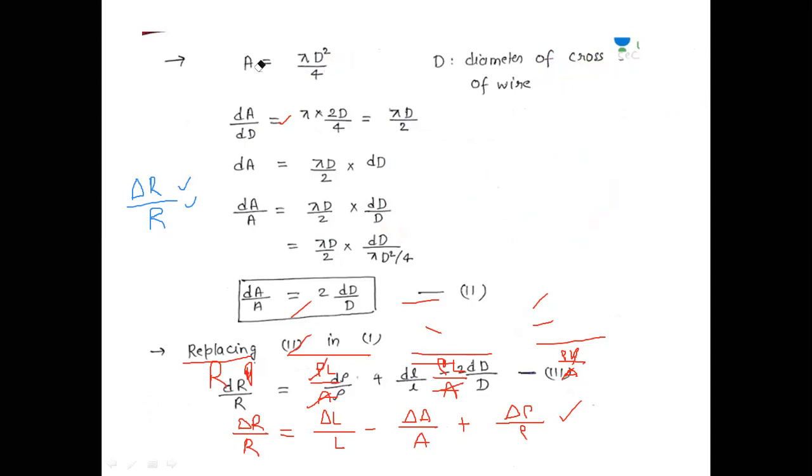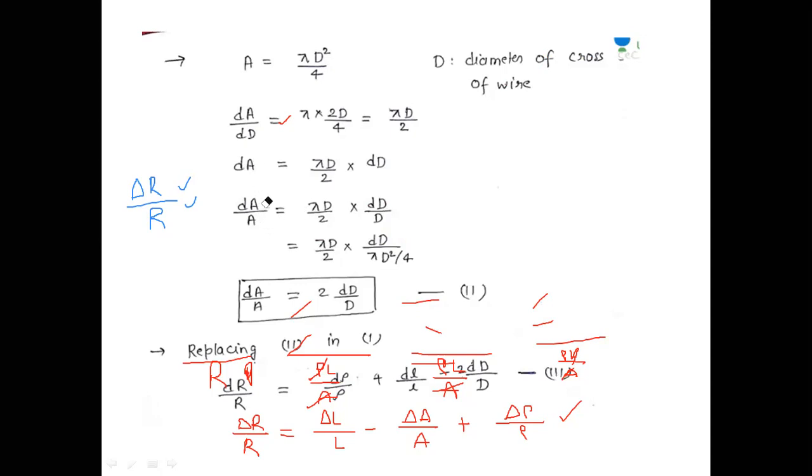So differentiate this area. You will get pi 2d by 4. So pi d by 2 you are getting here. So dou A equals pi d by 2 into dou d.